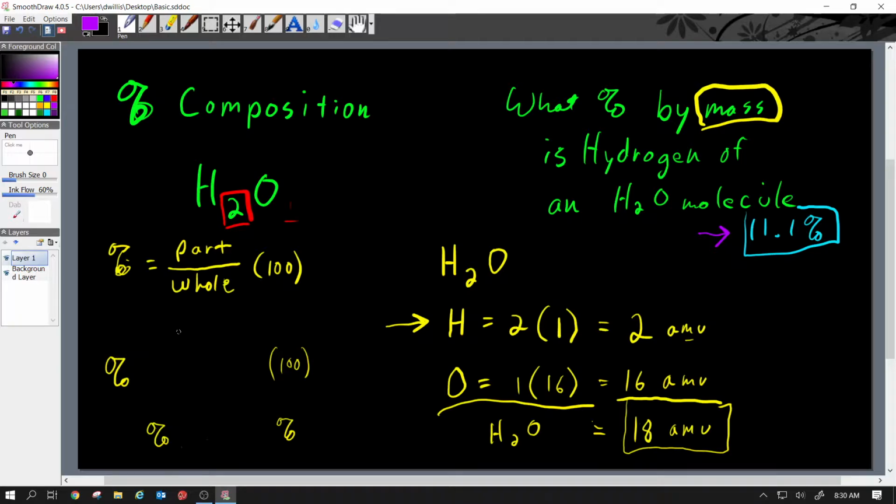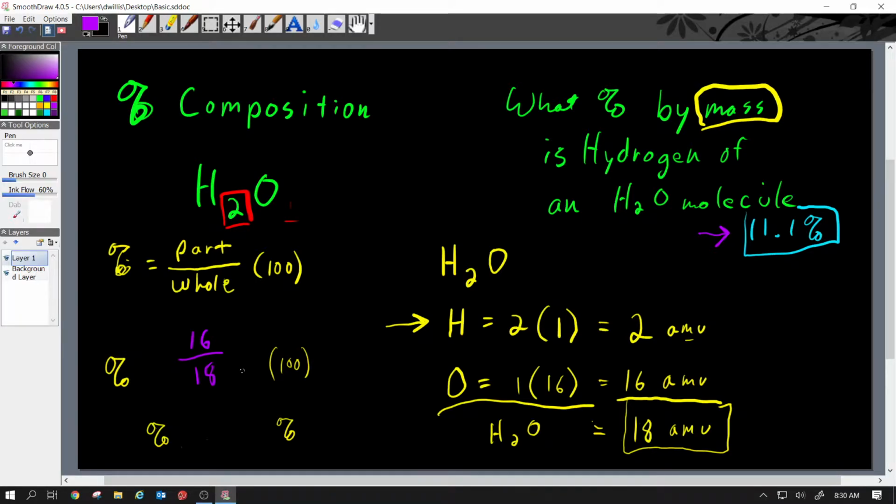Part over whole. What's the part that is oxygen? 16. Excellent. So my part that's oxygen is 16 over 18, because 18 is still the whole amount.